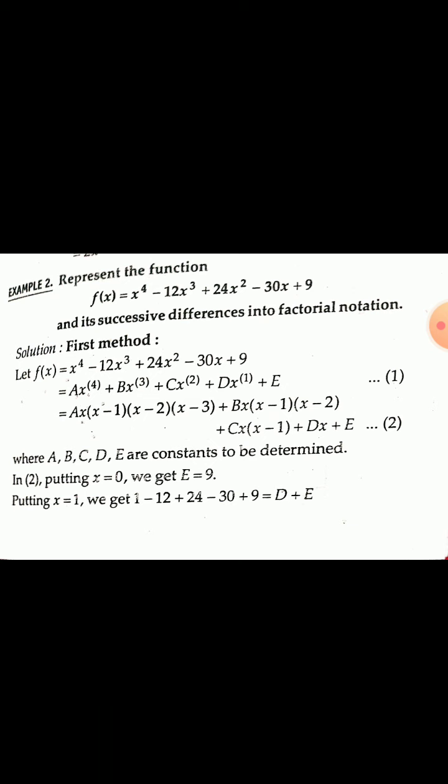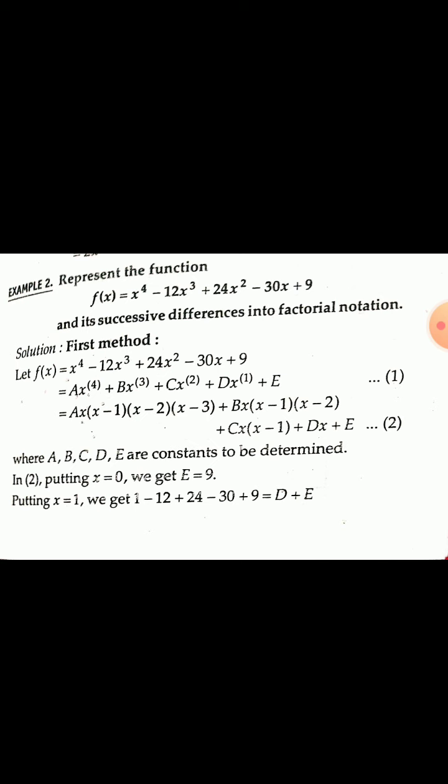So as in the previous example, f(x) equal to x^4 minus 12x cube plus 24x square minus 30x plus 9, which can be written as A x^(4) plus B x^(3) plus C x^(2) plus D x^(1) plus E. Call it equation 1, and this can be written as A x, x minus 1, x minus 2, x minus 3 plus B x, x minus 1, x minus 2 plus C x, x minus 1 plus Dx plus E. Take it as equation 2, where A, B, C, D and E are constants to be determined.